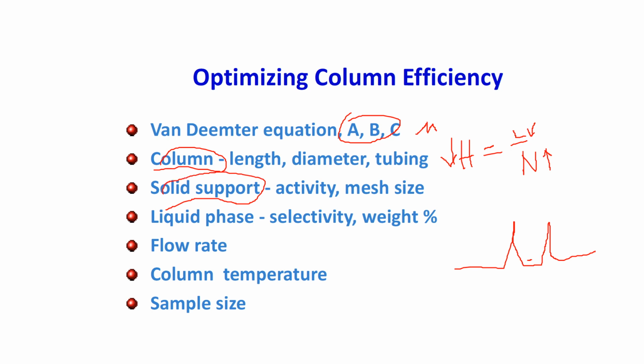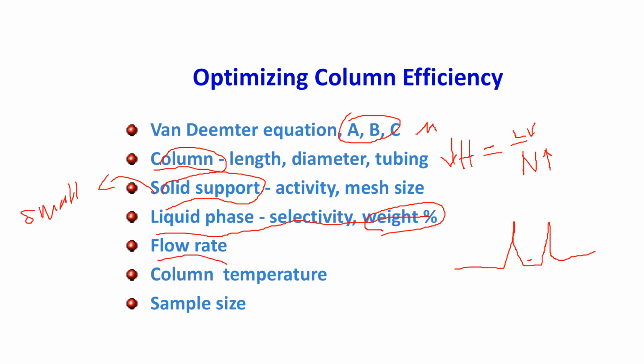So solid support is the stationary phase. You want small particles rather than large. And the liquid phase, the mobile phase, should be easily diffused so that it can dissolve the analyte better.